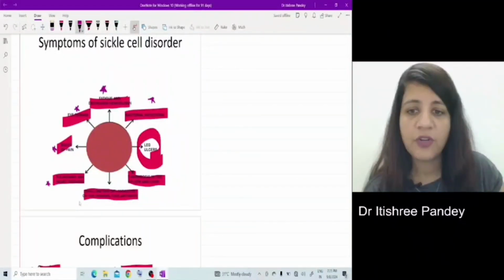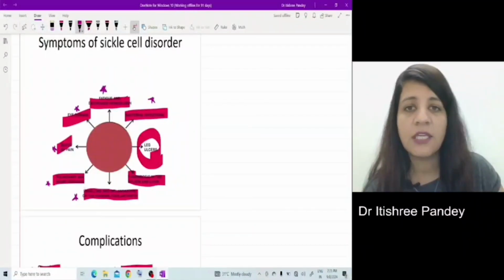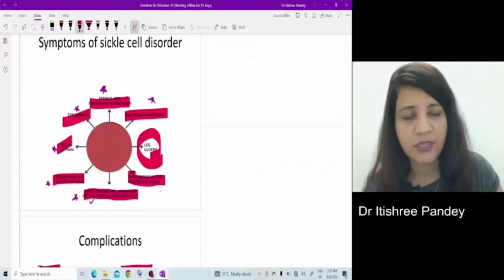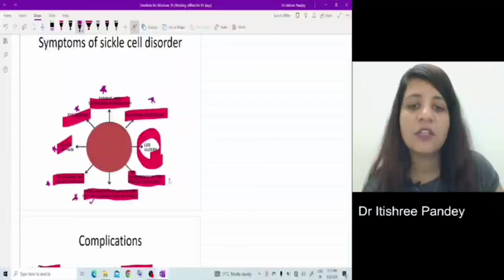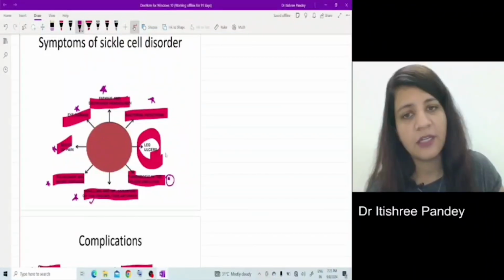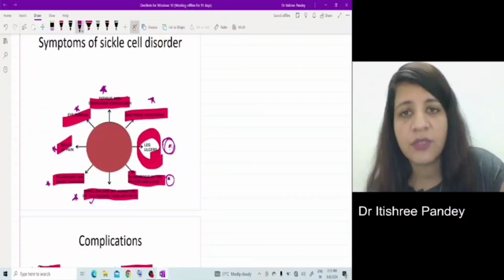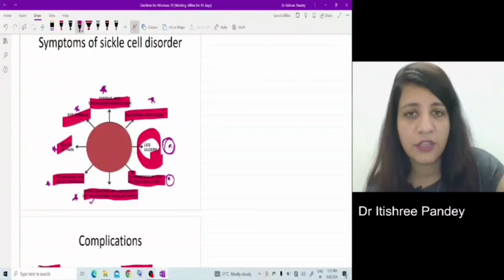Basically because of the hypoxia there will be swelling and inflammation of the fingers, toes and arthritis, because these are present in the distal end. There will be thrombosis in the spleen and the liver, and the patient will also present with leg ulcer. So this was about the symptoms of the sickle cell disorder.